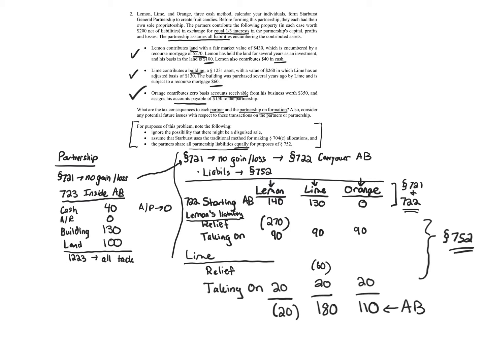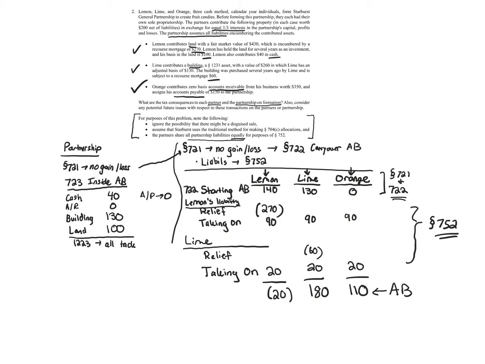Now what we have to do is look at, okay, if anyone has a negative basis, we have to record gain under Section 731 and 733, which are the distribution rules, which say in general, distribution beyond basis, which here there's no basis because it's negative, creates a capital gain.